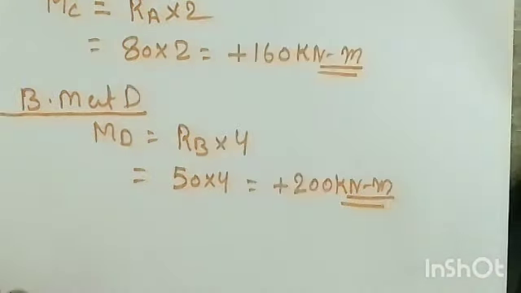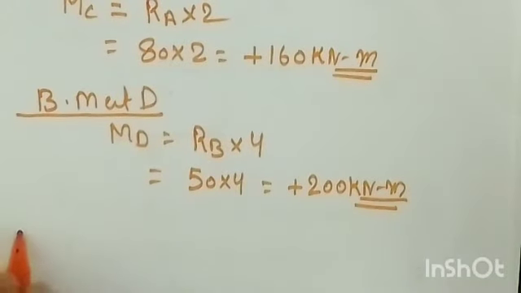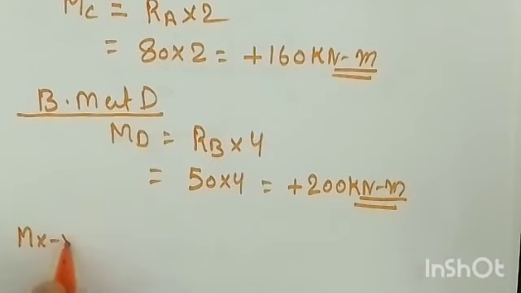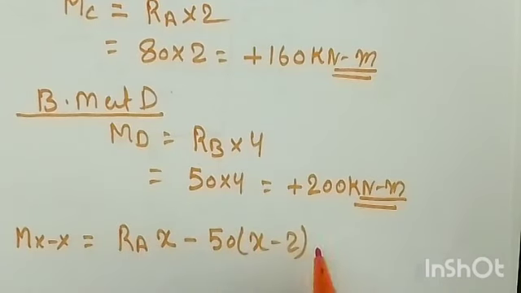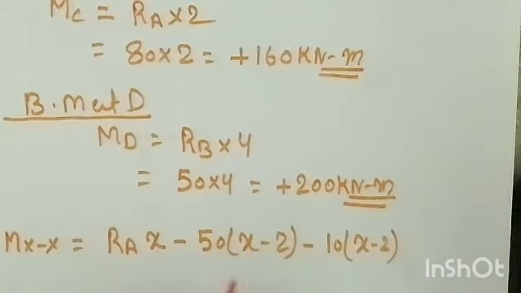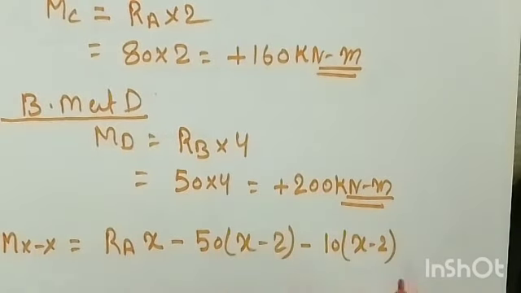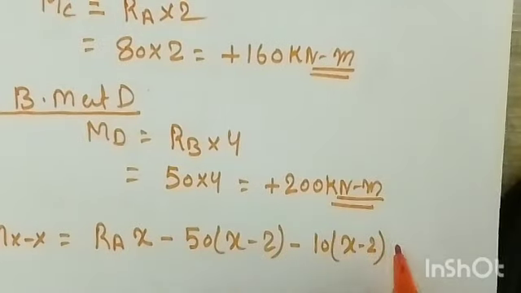Now the MXX, that is bending moment at position XX, is RA into X minus 50 into X minus 2 minus 10 into X minus 2, which, as I multiplied, becomes the point load. Where should this point load act?